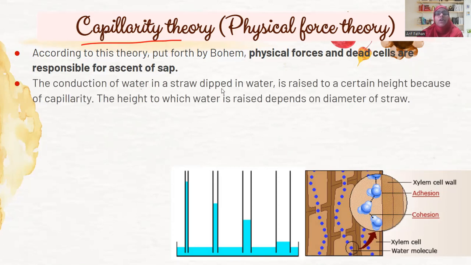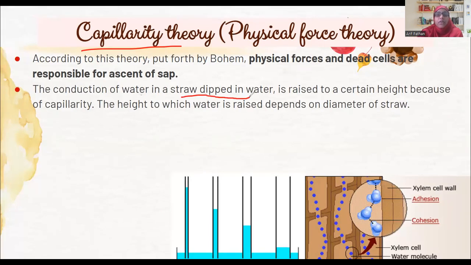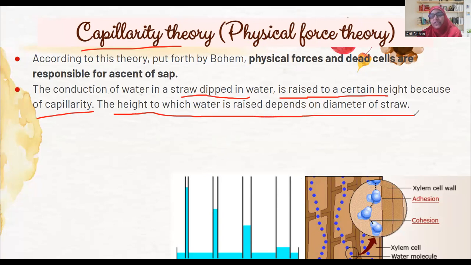The example here is given by this figure: a straw dipped in water. Let's say you have straws of different diameters. You dip them in water and the water will automatically rise to a certain height because of capillarity. The height to which the water rises depends on the diameter of the straw.